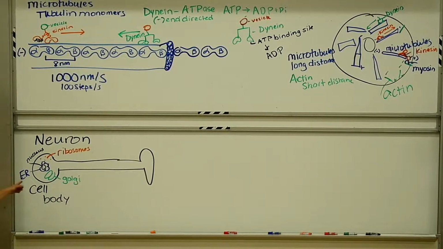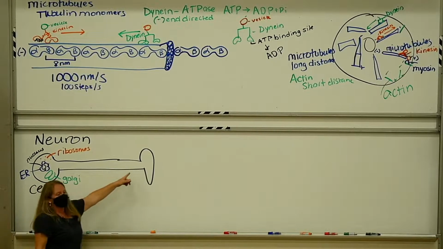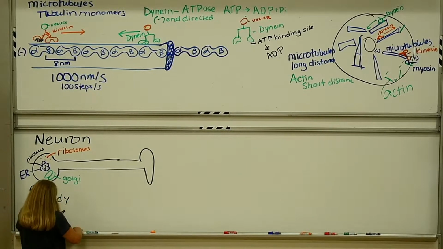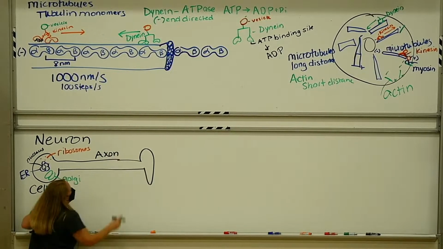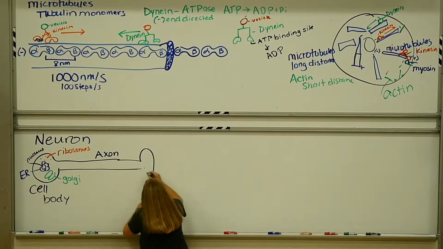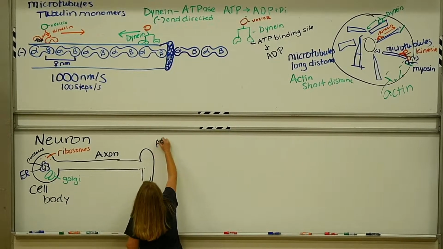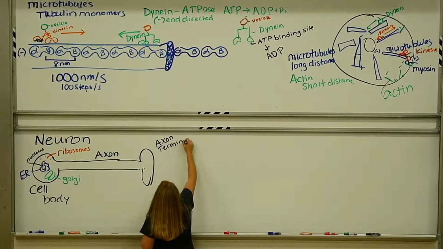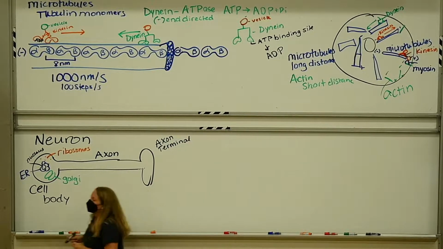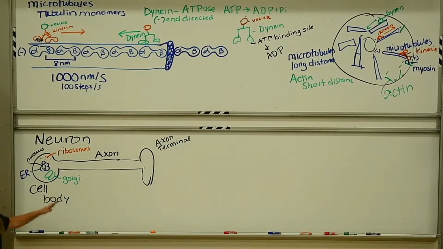But now it's got this really long process that we call an axon. And then at the end of the axon, it has an axon terminal. So in cells, when we talked about picking up a vesicle from the Golgi apparatus and taking it to the plasma membrane, you could really take it to any part of the plasma membrane you wanted to.